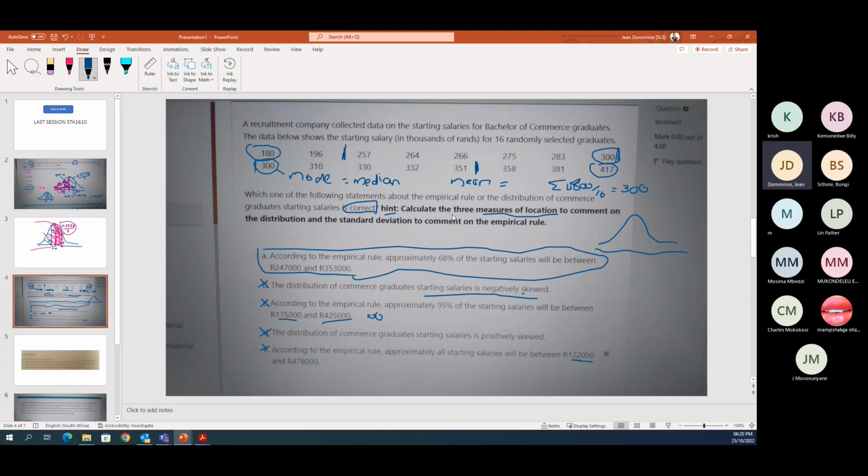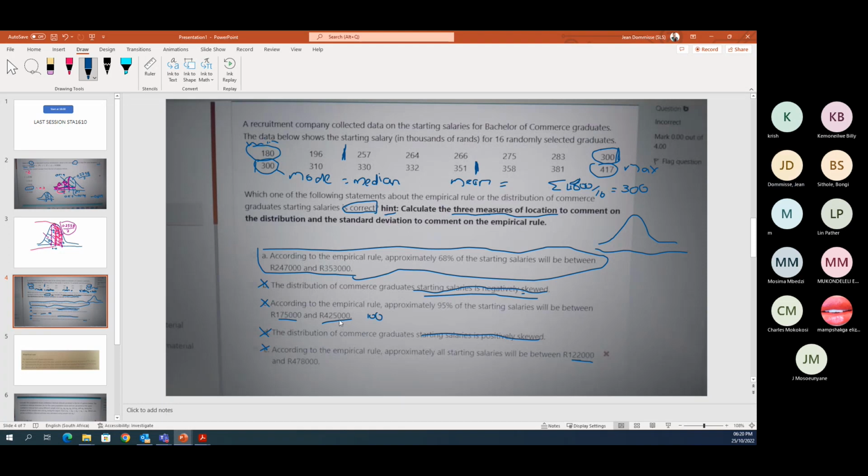So when you see this hint, look if the mean, median, and mode are the same. If that is the same, you can automatically cancel those two out. Then my next step will be to look at your minimum and maximum, because it might be different again for the different papers that you're writing.